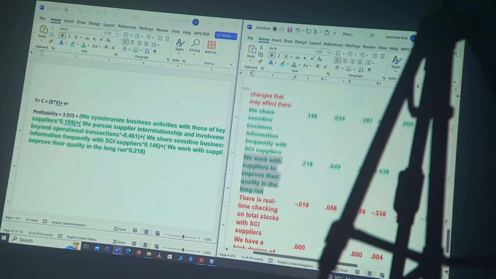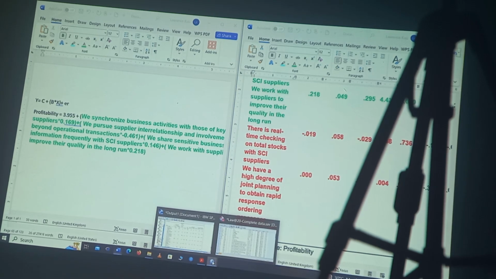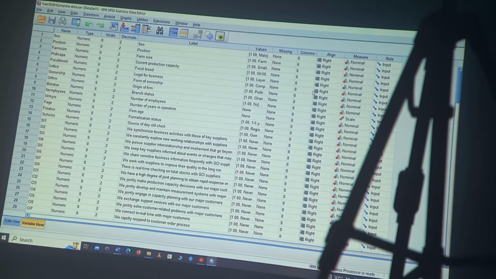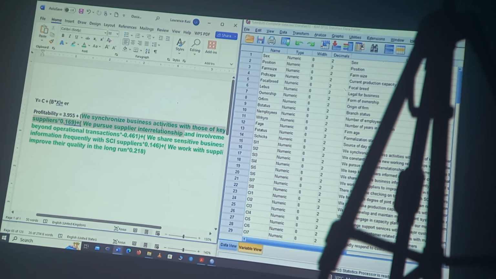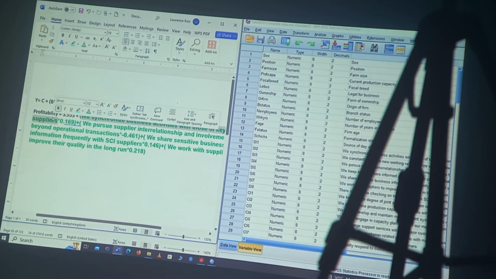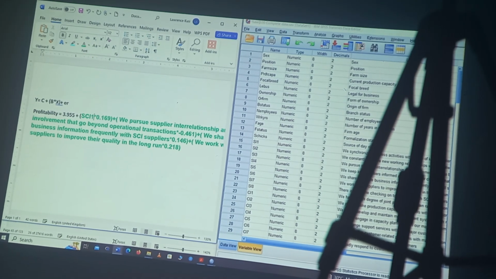Good. Now let's go into the data file and replace them. You said that we synchronize business. That one becomes SI1.